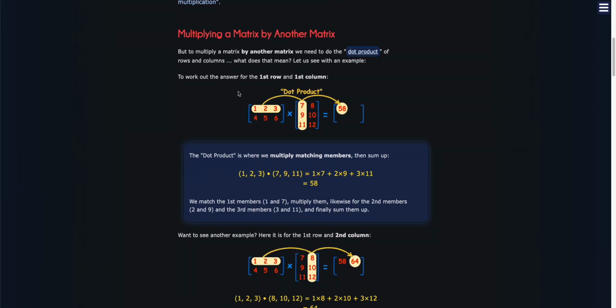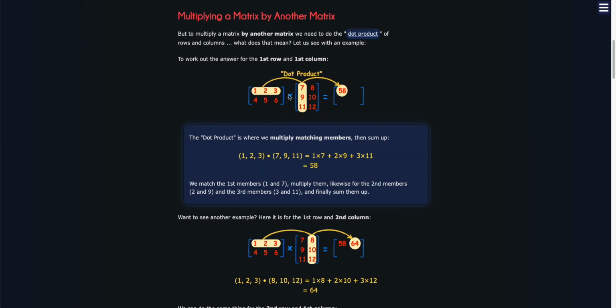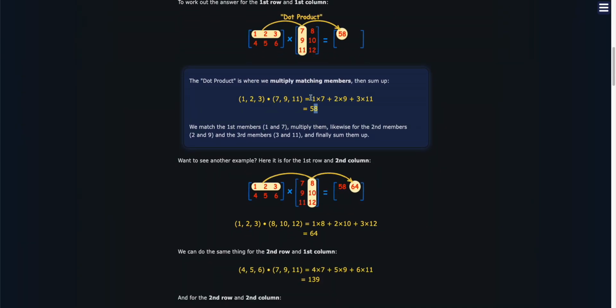Now, what we are doing over in PyTorch is multiplying a matrix by another matrix. As you can see here, we are basically multiplying 1 by 7, 2 by 9, 3 by 11, and then we get the result 58, which is the first index of the output matrix.